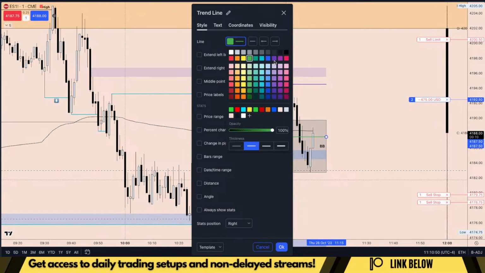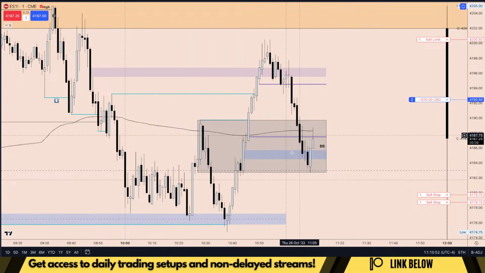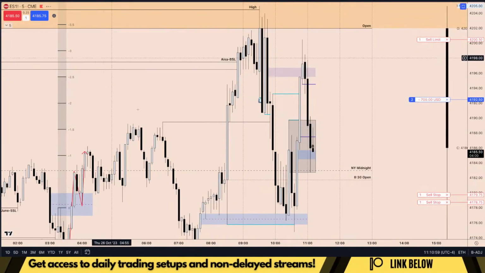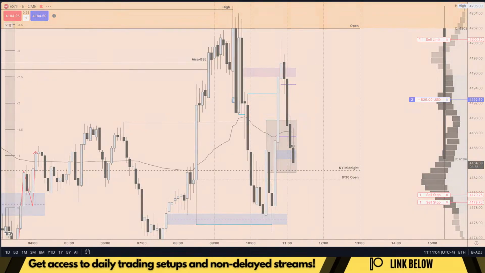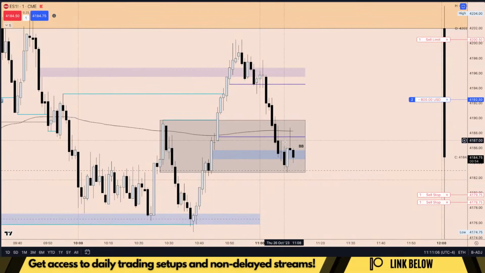Purple. Back below the VWAP, so could be some major resistance on the 5. We could play that inversion fair value gap now for the continuation lower. And we already did that with this rejection wick from the VWAP, overlapping with that.